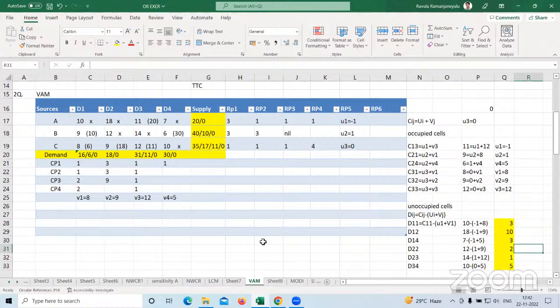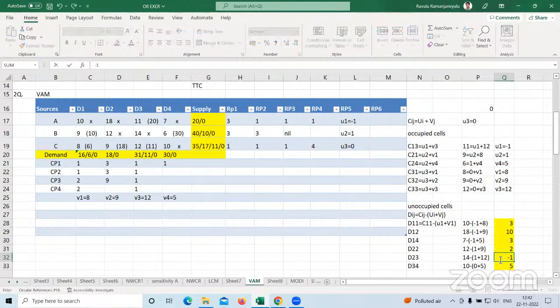So the procedure is saying we need to transfer some units from some cells to other cells with the loop. That can be explained if you got any one cell as negative. Assuming that D23, this one, you got as minus 1. Okay, this cell is getting a negative value.